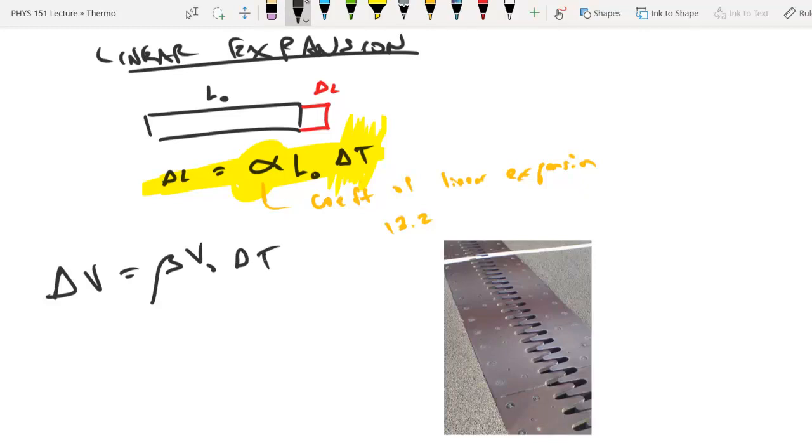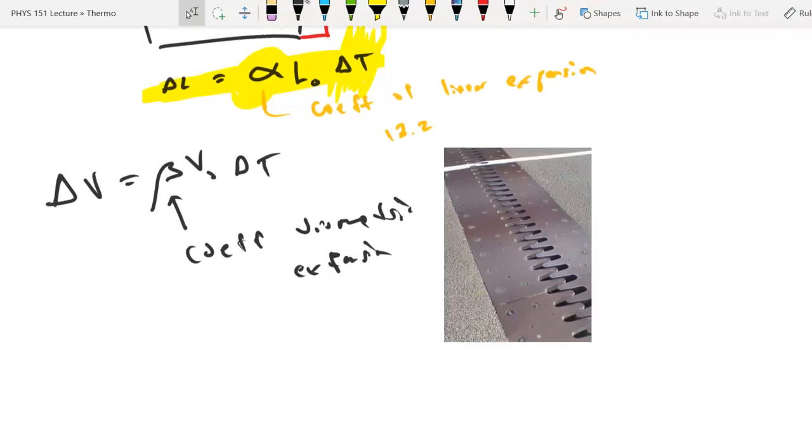So this is basically the same equation, except we have here the coefficient of volumetric expansion, as opposed to the linear. And this is in table 13.2 as well. So both linear as well as volumetric expansion coefficients are in table 13.2.